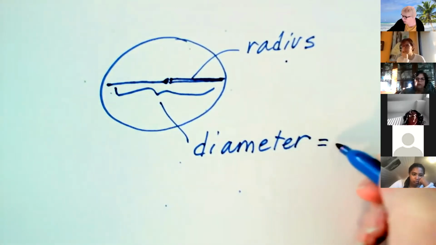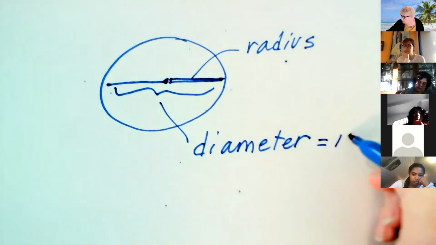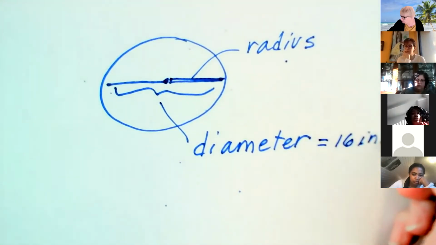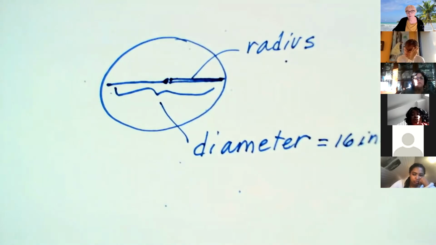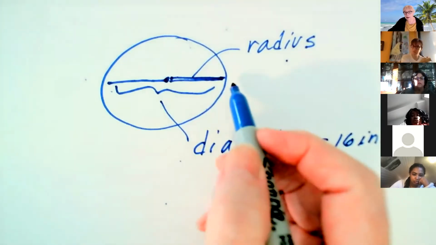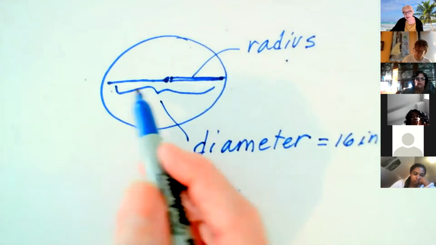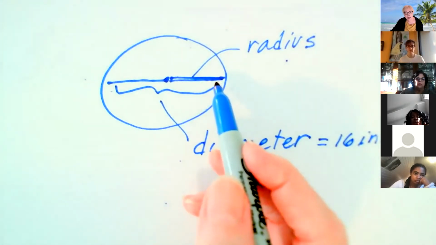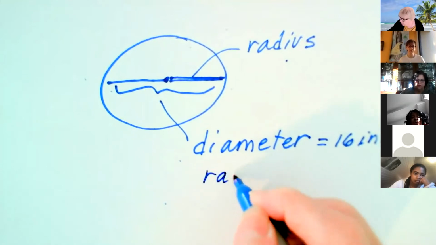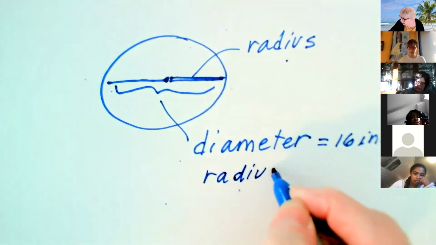So let's say the diameter was 16 inches from here to here. It would be the same regardless of where you measured it, but I just did it horizontally, then the radius would have to be half of that.